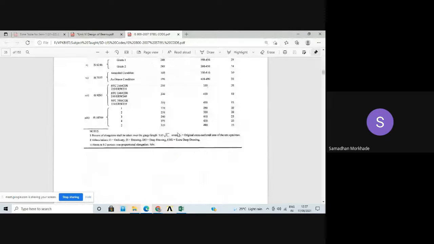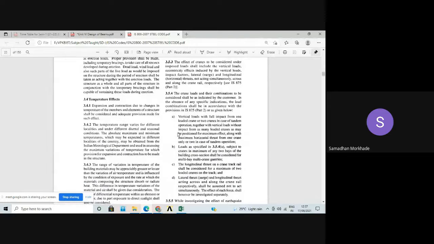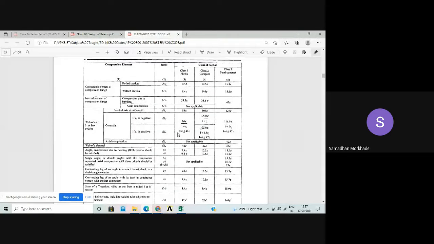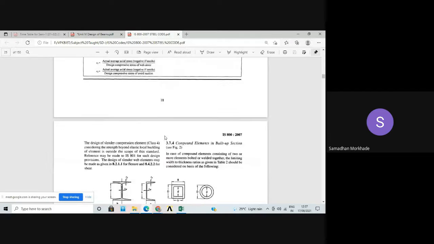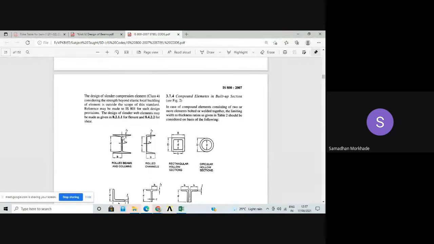Table 1 is for properties and table 2, yes, this is table 2, web of an I section, neutral axis at mid depth, d by Tw. Okay, d by Tw. And now for d by Tw, how to calculate d? Yes, this is d.